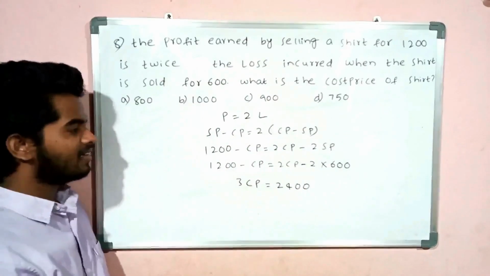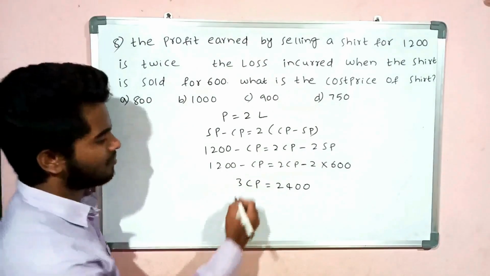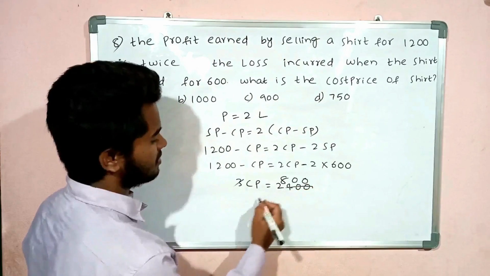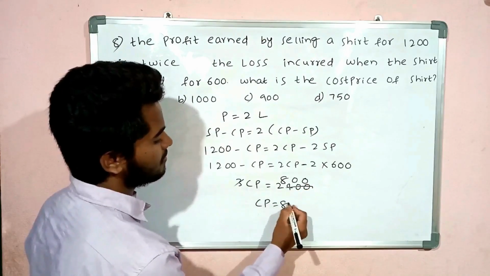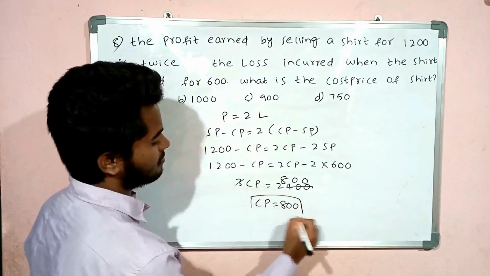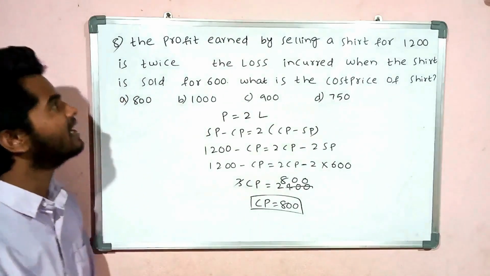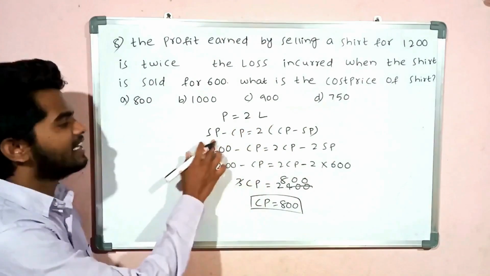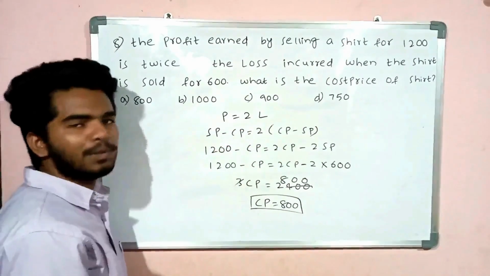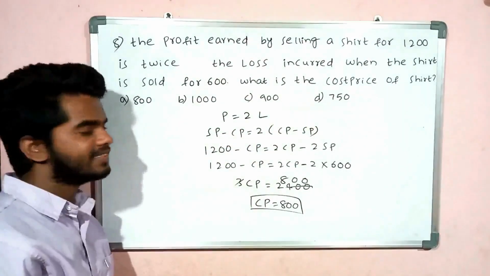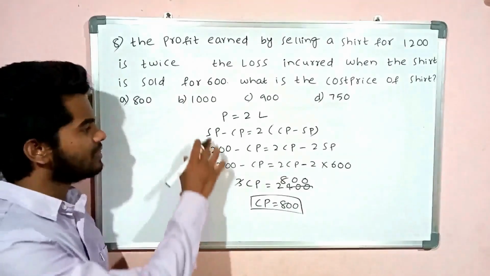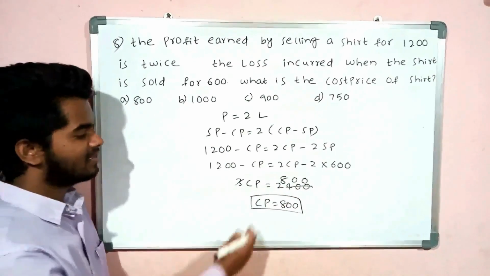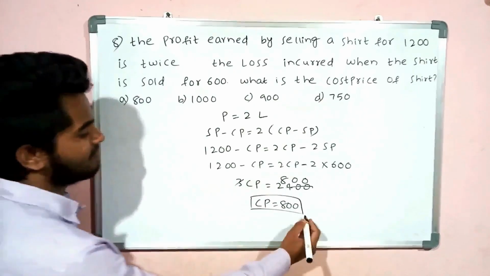So cost price equals 800. Profit is twice the loss: selling price minus cost price equals 2 times cost price minus selling price. So cost price equals 800.